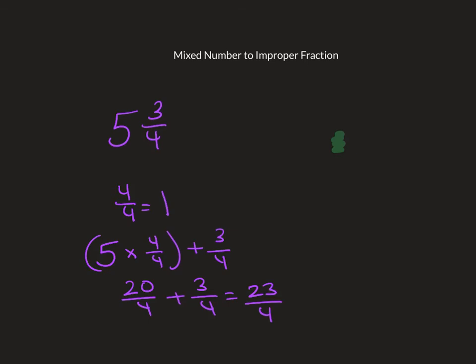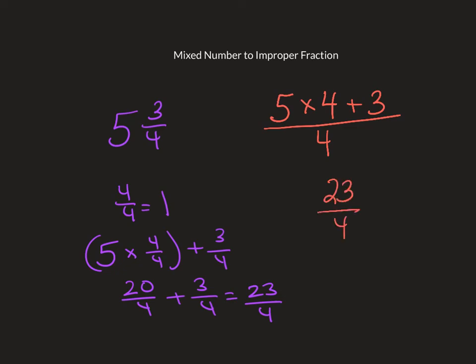23/4. To simplify that, basically all you're doing is taking the whole, which is 5, times the denominator, which is 4, adding the numerator, which is 3, and it's all over the same denominator. 5 times 4 equals 20, plus 3 equals 23 over 4, so 23/4.